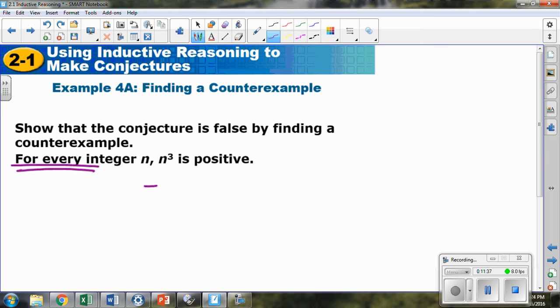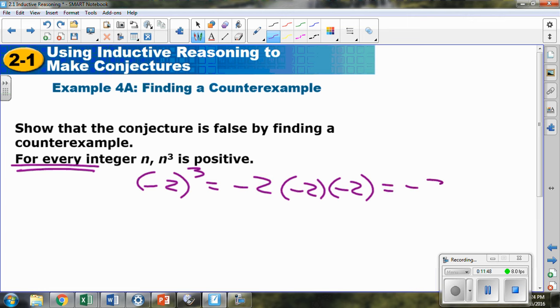And so the first one that the student told me was -2. If we take -2 cubed, -2 times -2 times -2 equals a total of -8. And since that is not positive, we're already done. This stuff in the purple is a counterexample. It shows the statement is not true. We found a number that shows it doesn't work.